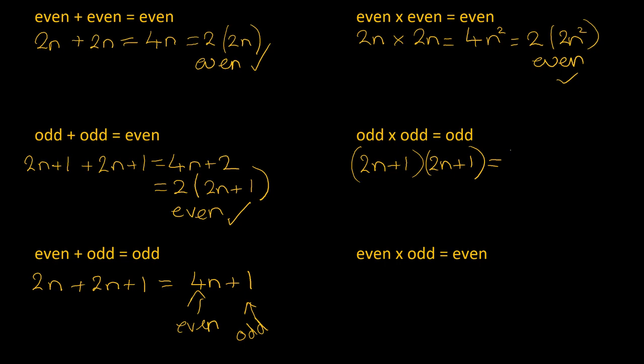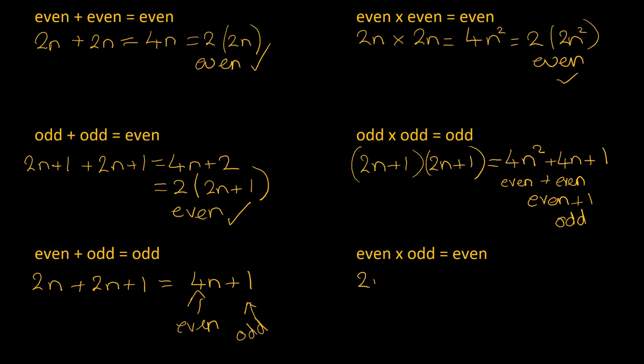Expanding those brackets, we're going to get 4n squared plus 4n plus 1. So I've shown up there that this is even and this is even. We showed that right at the beginning. And we showed that 2 even numbers added together are even. And then if you add just 1 on the end, then that turns it into an odd number.